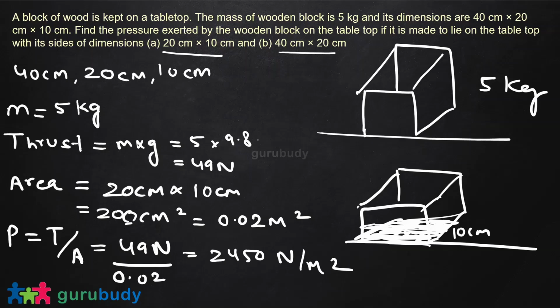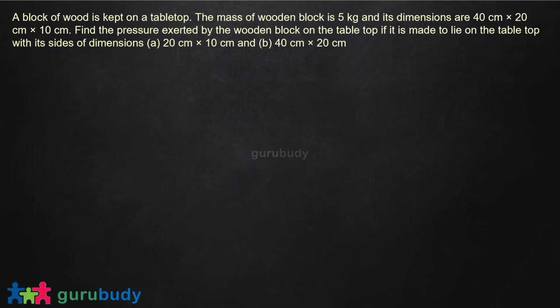Now in the second bit, it is telling us that we just rotated the block. Now the sides touching would be 40 centimeter and 20 centimeter. So this is part 2. From the previous calculation, we know thrust is equal to 49 Newton.